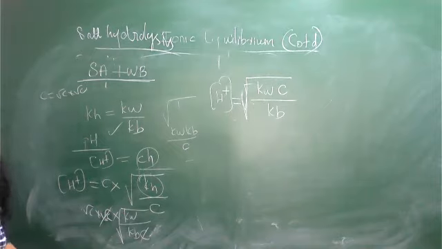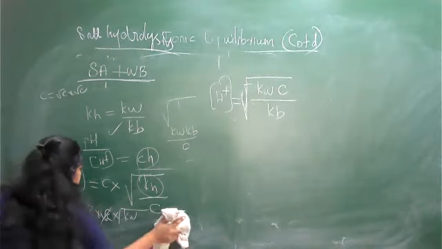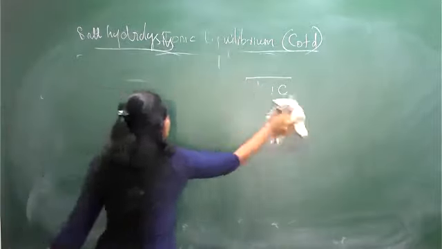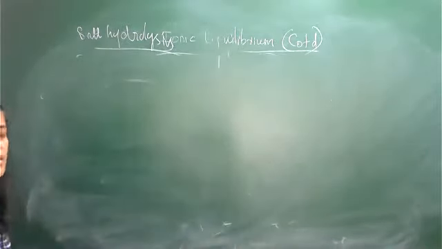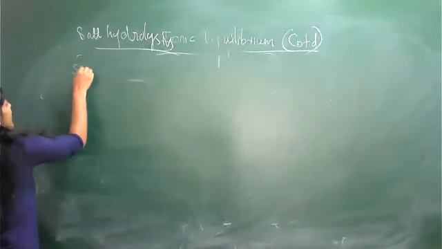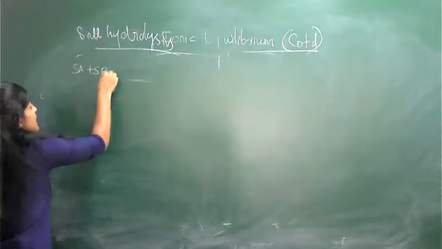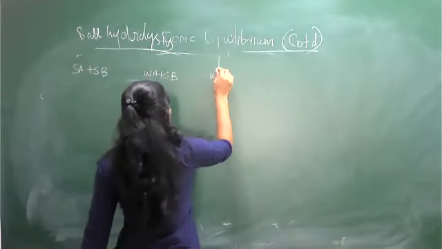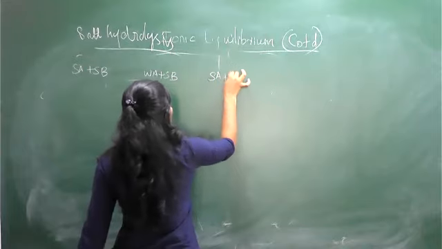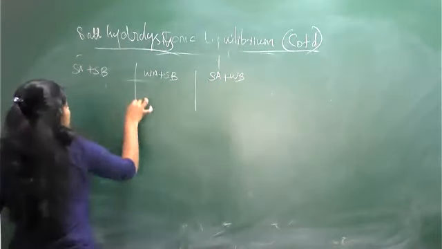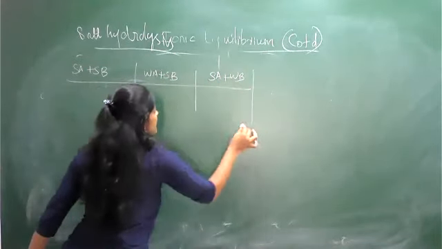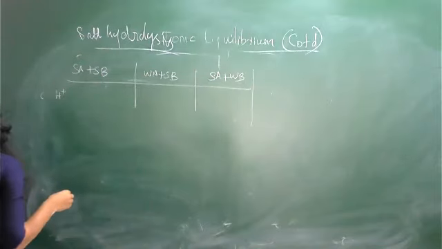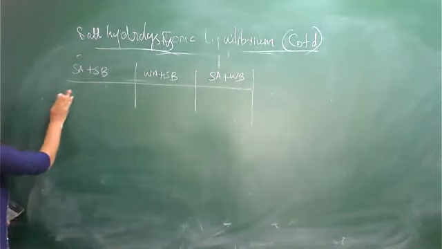Okay. Once again, we can tabulate the entire result. Strong acid plus strong base, weak acid plus strong base, strong acid plus weak base. Result we can consolidate here. Tell me once again, H+ concentration. At least, good.